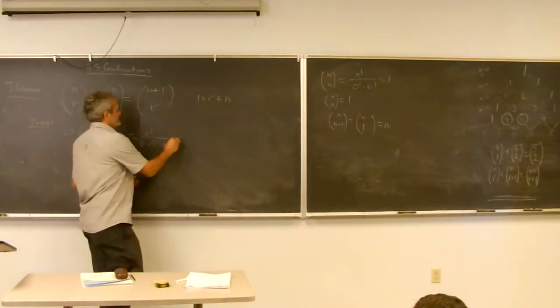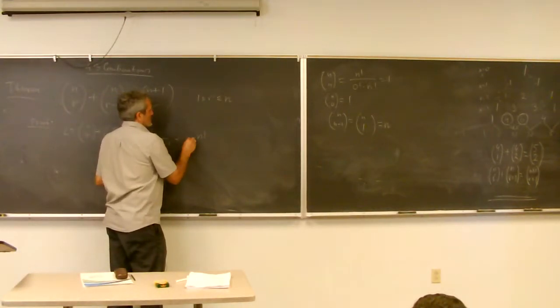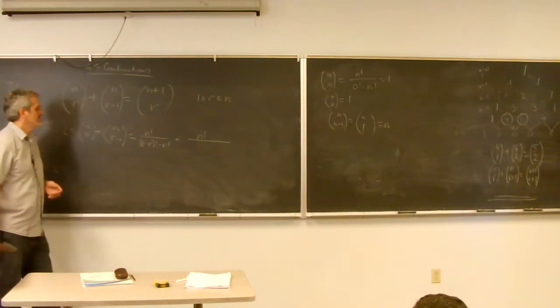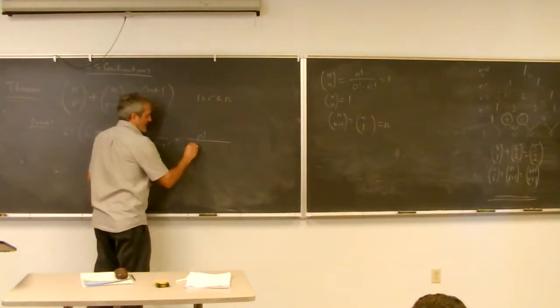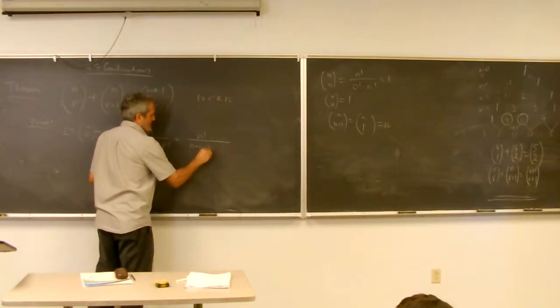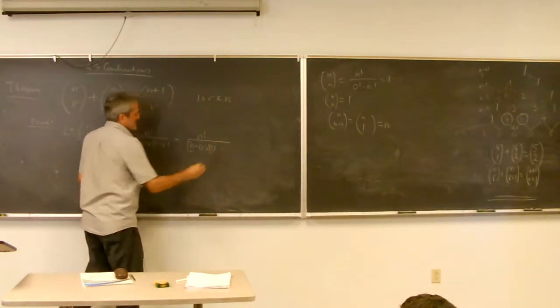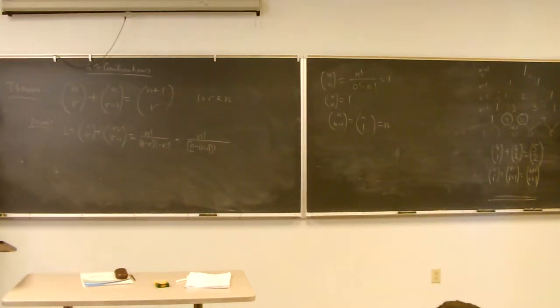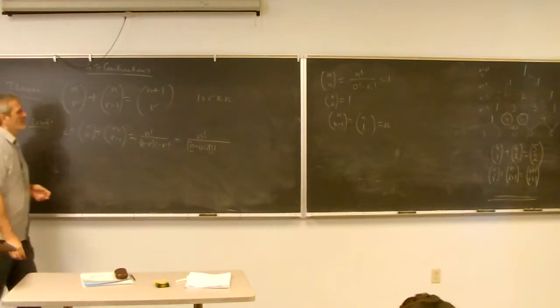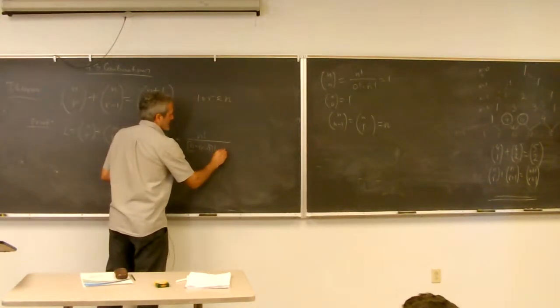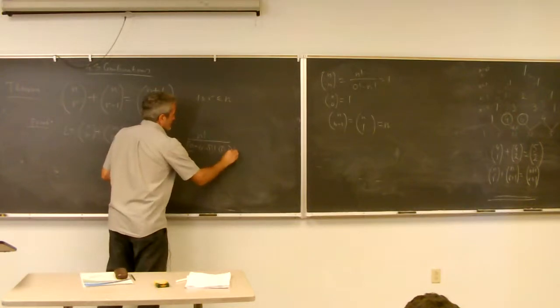Plus, on the second one it will be n factorial over n minus r minus 1 factorial. So I subtracted them carefully, putting the second one in parentheses, times r minus 1 factorial.